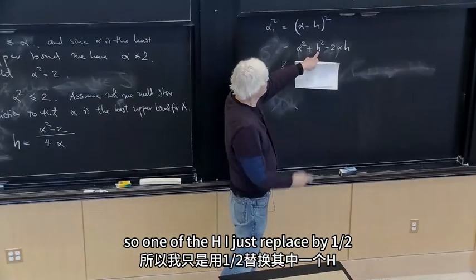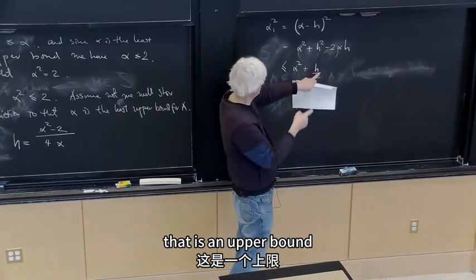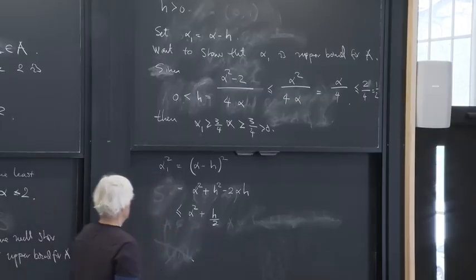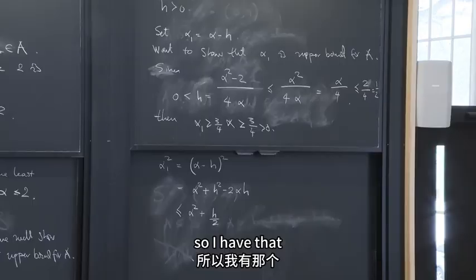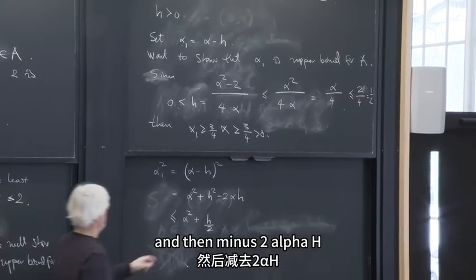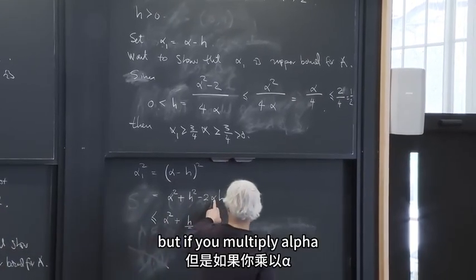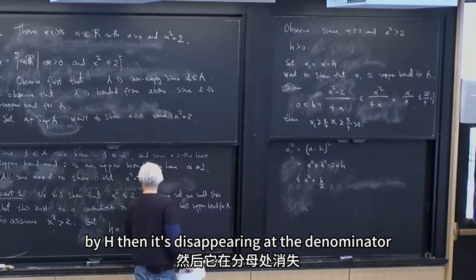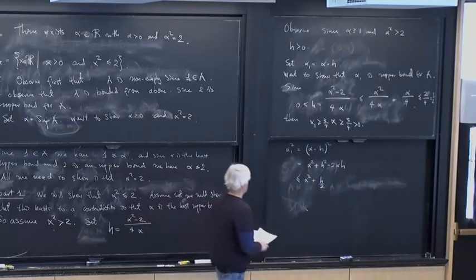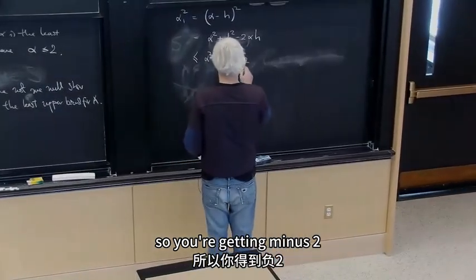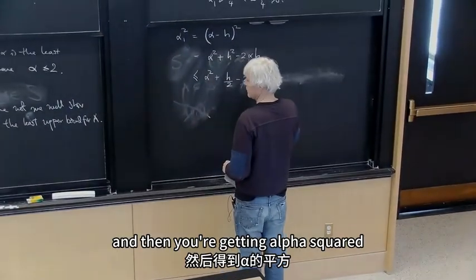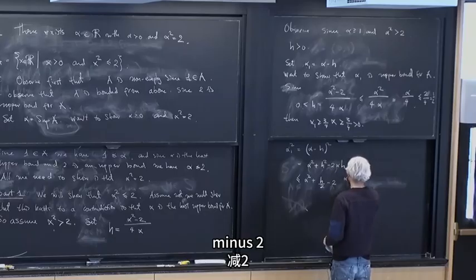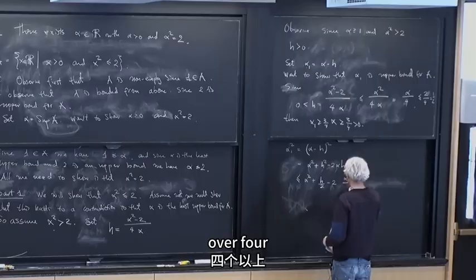So one of the h I just replace by a half, that is an upper bound, and the other one I just keep. Then minus 2 alpha h. But if you multiply alpha by h, then it disappears in the denominator. So you're getting minus 2, and then alpha squared minus 2 over 4.